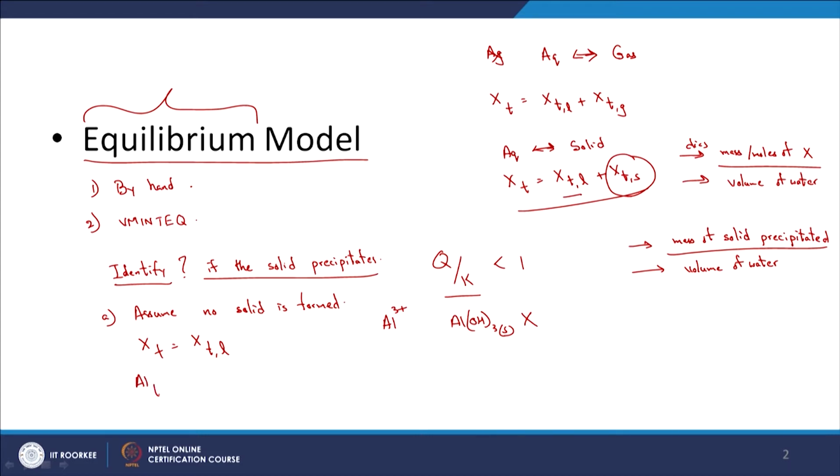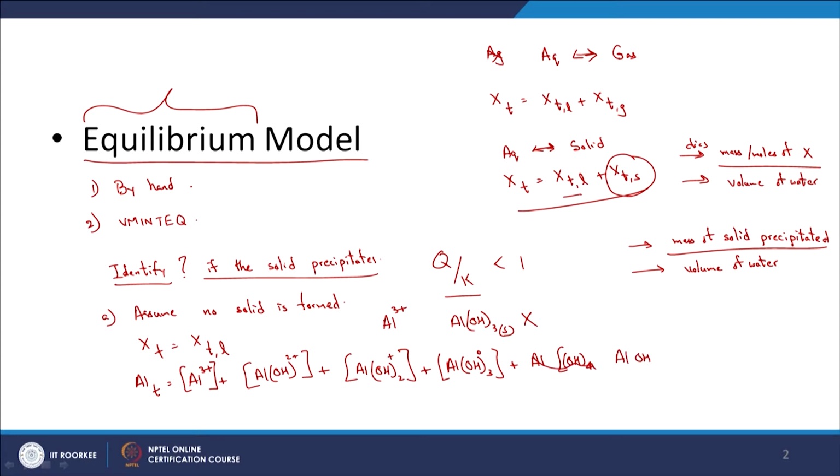Al total will be equal to the Al3+ concentration, plus, this is just the component balance, AlOH2+, I am just listing the complexes here, plus Al(OH)2+, plus Al(OH)3 with 0 charge, this is still a complex, plus Al(OH)4 with negative charge, the concentrations here.